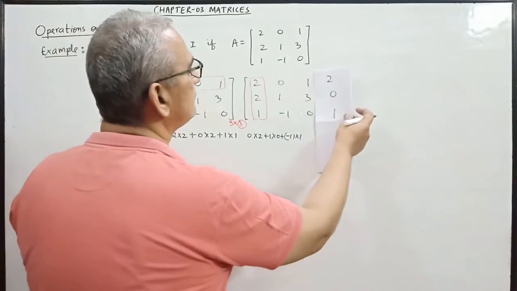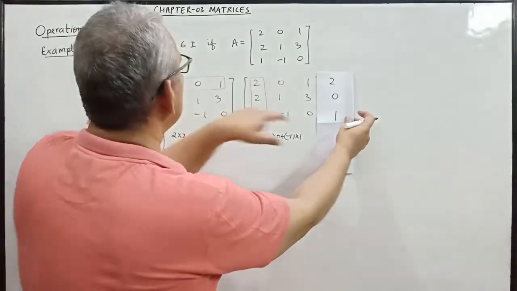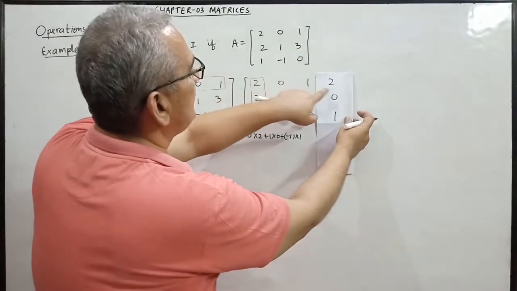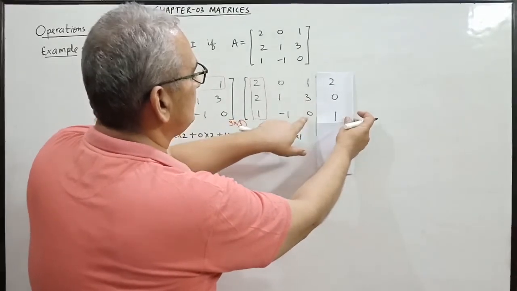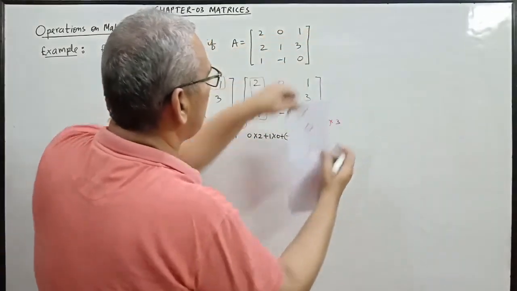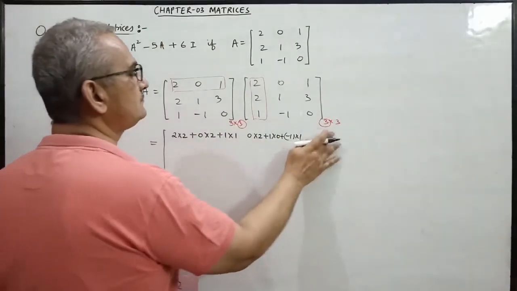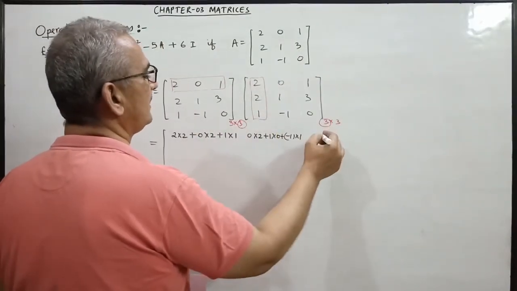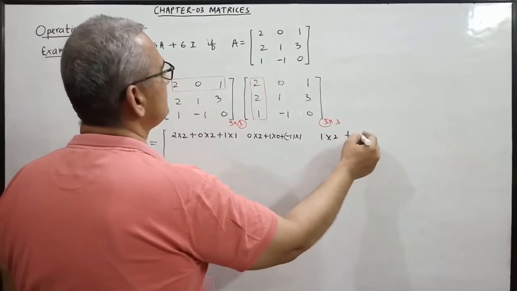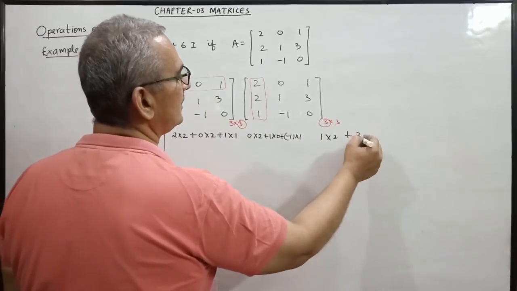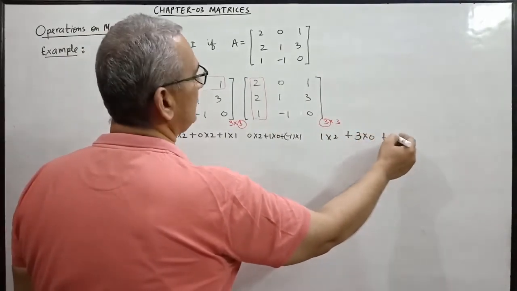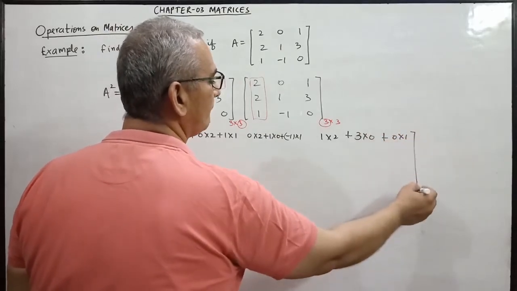Now for the third one, you can write the row again here: 1 multiplied by 2, 3 multiplied by 0, 0 multiplied by 1. So 1 multiplied by 2 plus 3 multiplied by 0, and then 0 multiplied by 1.